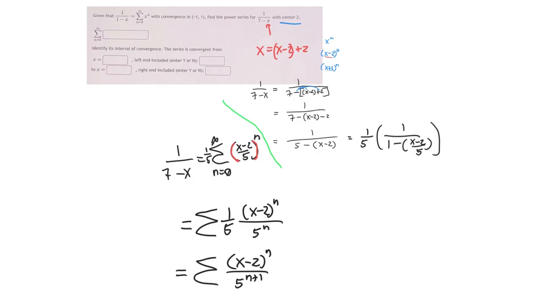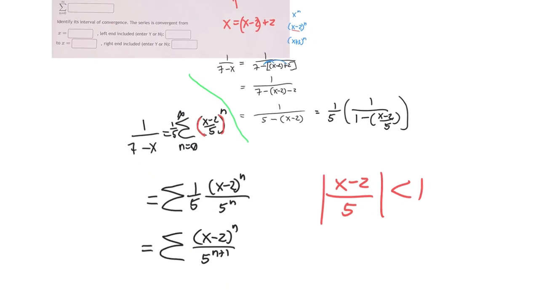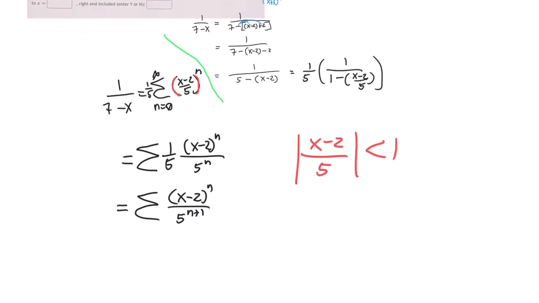Okay. Now, once again, when we're identifying the interval of convergence, it's probably best to rely on this. We are going to want it to be such that x minus 2 over 5 in absolute value brackets is less than 1. I suppose you could take out a 1/5 from that, right? And then you would have this.